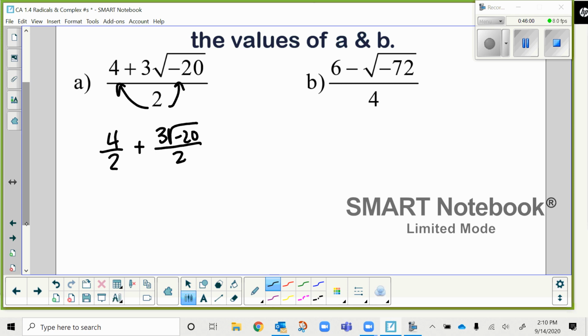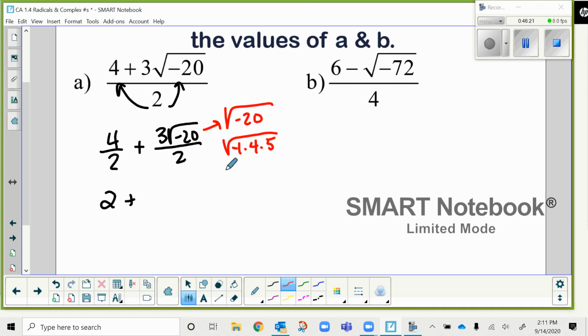And then now you do any math that you can keep doing. For example, 4 over 2 is 2. That's great. The square root of negative 20, I'm going to do that on the side over here, is negative 1 times 4 times 5, which is 2i radical 5.